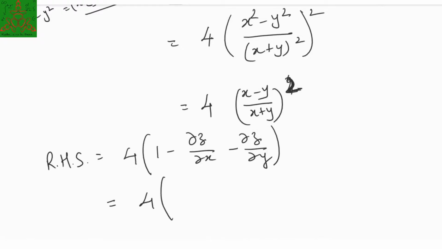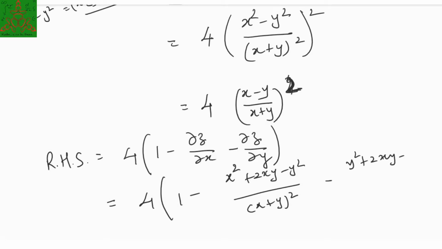So it is 4 times 1 minus (x square plus 2xy minus y square) upon (x plus y) whole square. Then it is minus (y square plus 2xy minus x square) upon (x plus y) whole square.